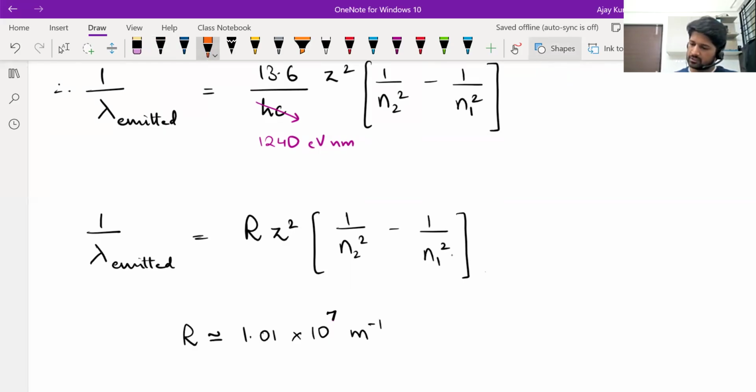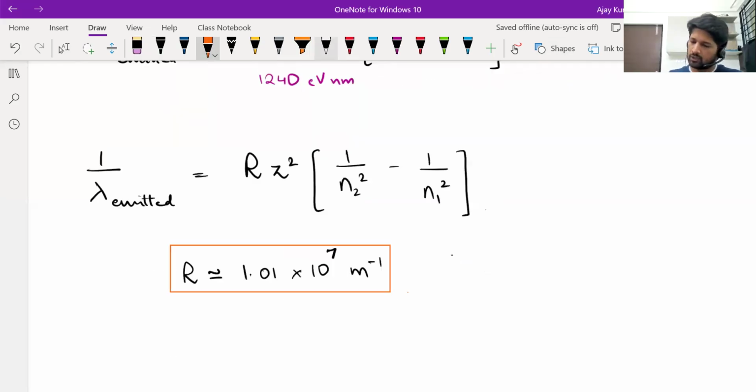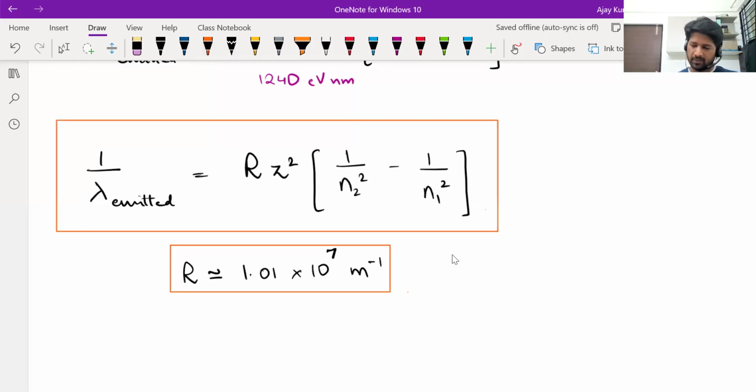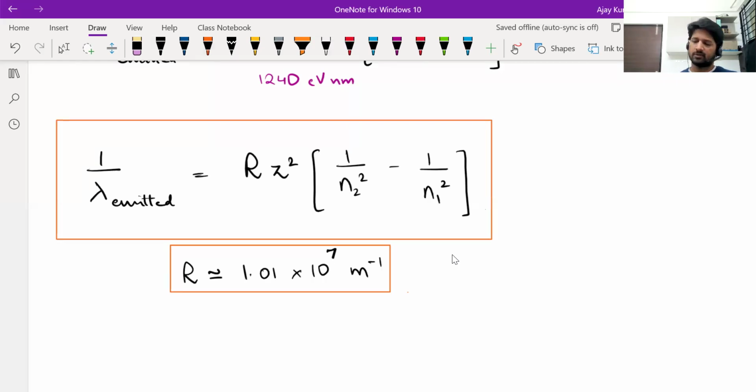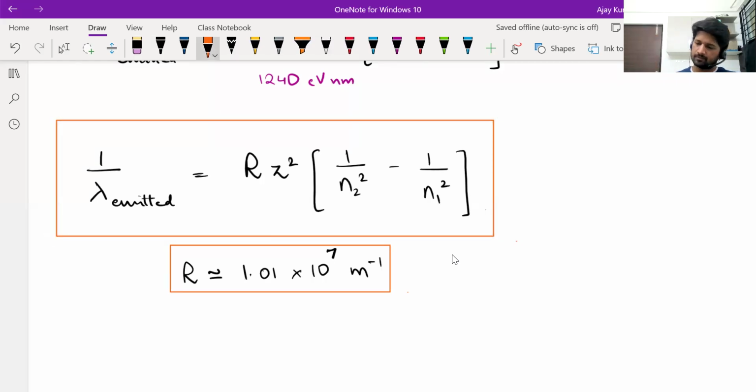So if you substitute this value of R there, you will get the wavelength in meters. This formula is very important. It can help you derive the wavelength of radiation that will be emitted when an electron jumps from a higher orbit to a lower orbit.